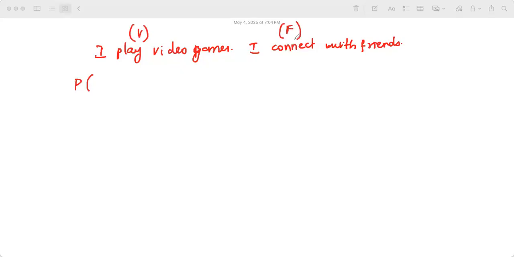Guys, please listen. There are some symbols I'm going to explain. Probability of playing video games is this. But what is this, guys? This is V complement. V complement means V does not happen. This is the probability of me playing video games.